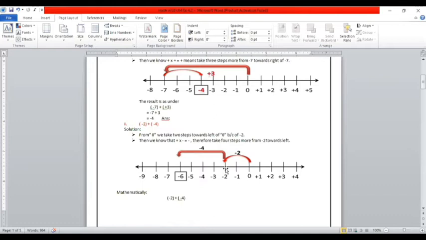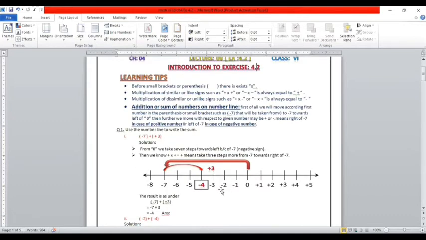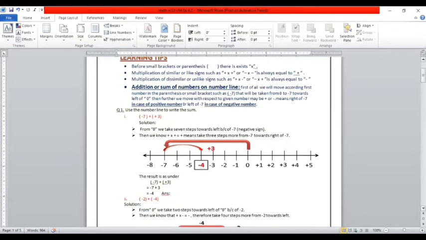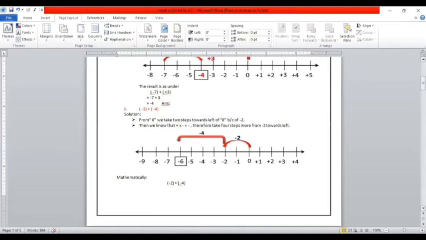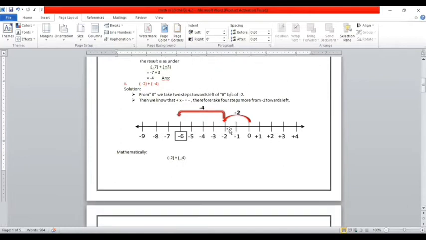It is also mentioned at the very start of the lecture that if you have the negative sign, we will move towards the left from the given number, minus 2. How many steps? 4 steps. Here, 4 steps I will move towards the left.